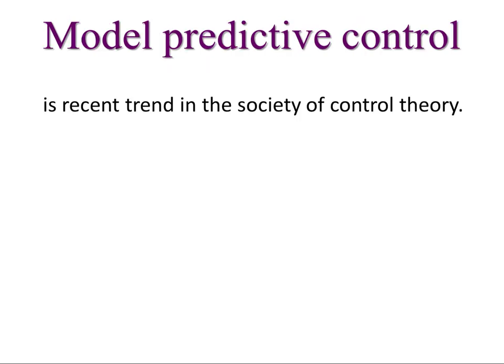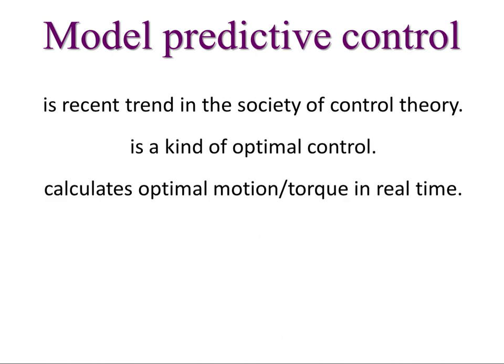Model predictive control is one of the most actively studied methods in the field of control theory in recent years. Model predictive control is a kind of optimal control, and is a method of calculating the optimal input in real time.